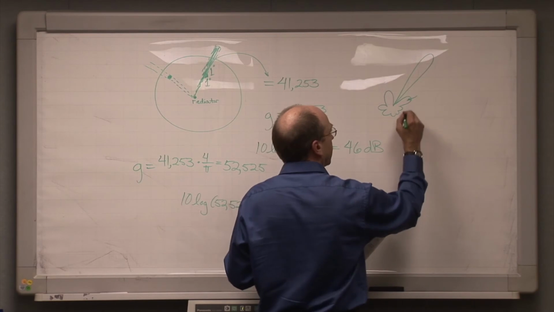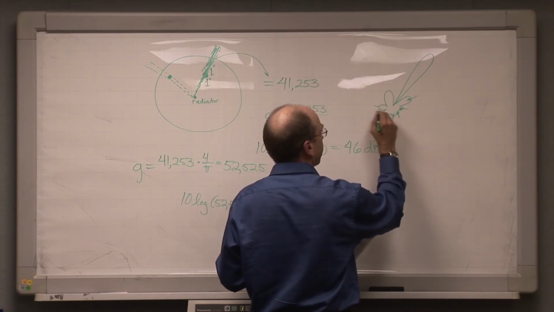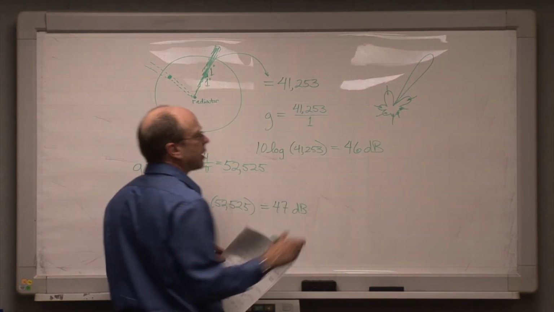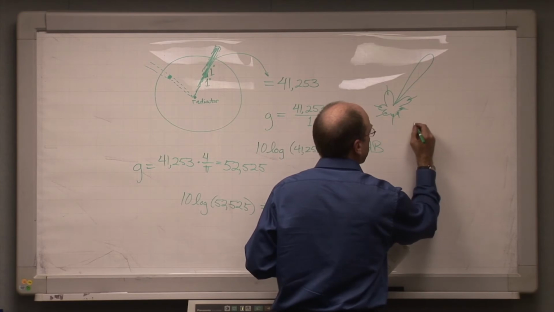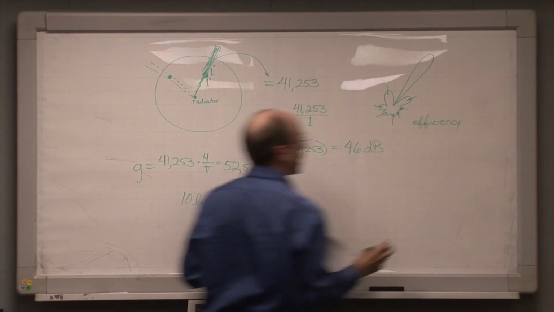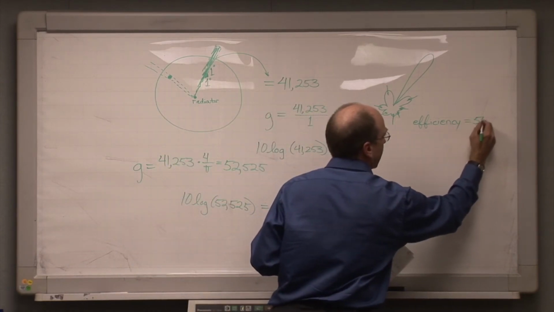But we do have energy coming out in these other lobes, and this represents a loss in efficiency for the antenna. A typical realistic efficiency for an antenna, compared to an antenna that can theoretically perfectly direct all the energy in space, is about 55%.